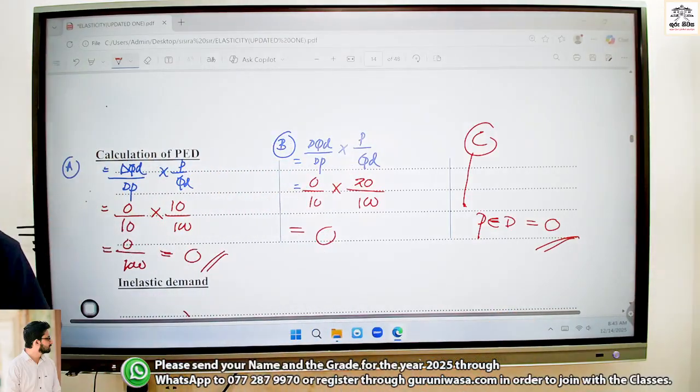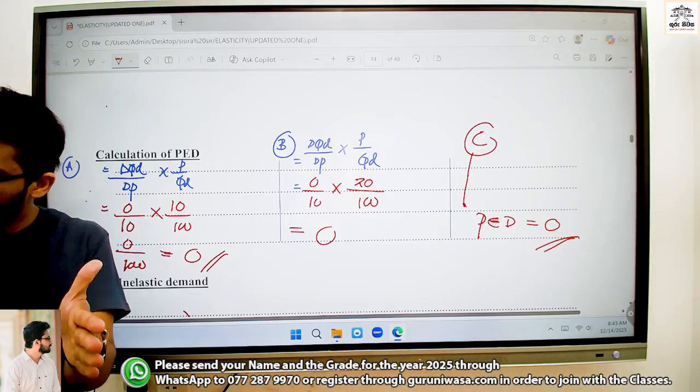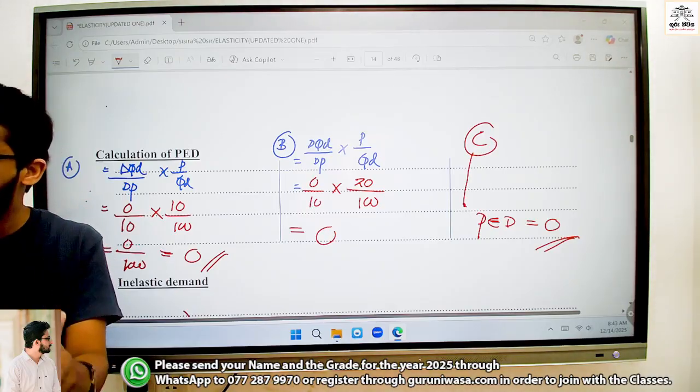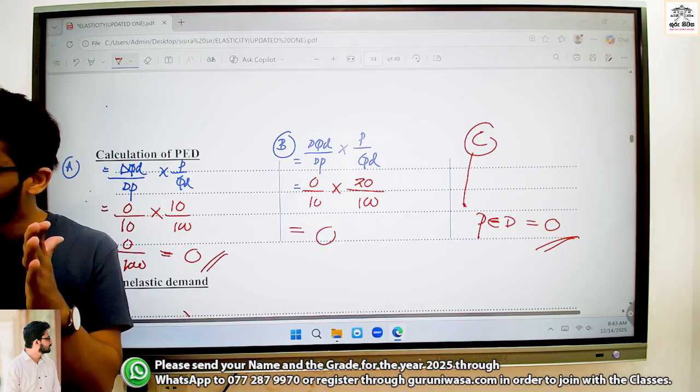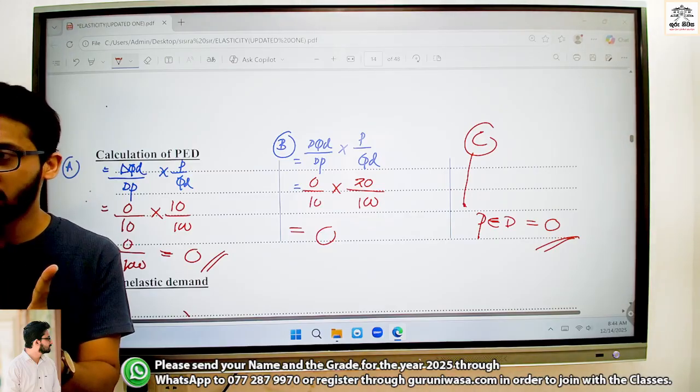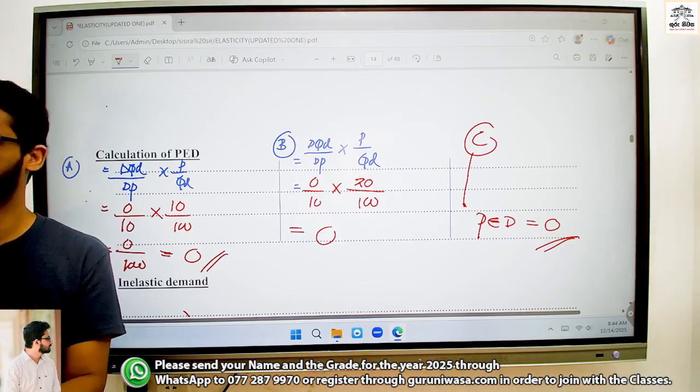So remember, in a perfectly inelastic demand curve, at every point, the PED value is 0. Remember forever.